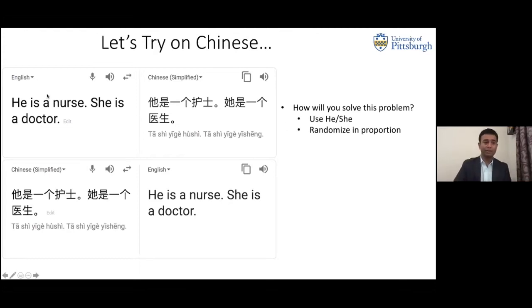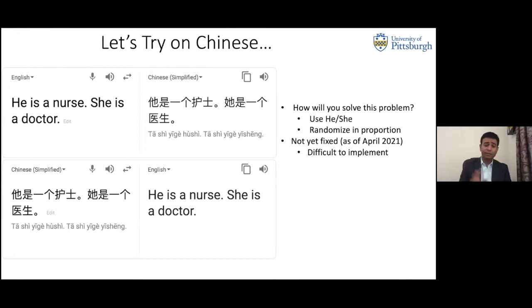For example, if nurses are mostly female, and let us say 60% of nurses are female, then 60% of the time you should be using "she" here, and 40% of the time you should be using "he." You can flip a coin and randomize it according to the proportion in the population. So that is one thing you can do.